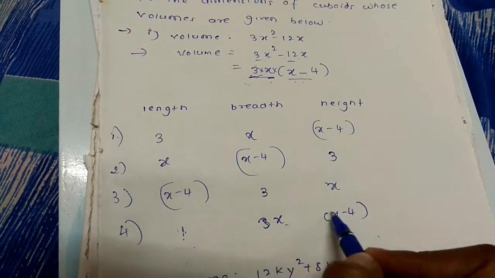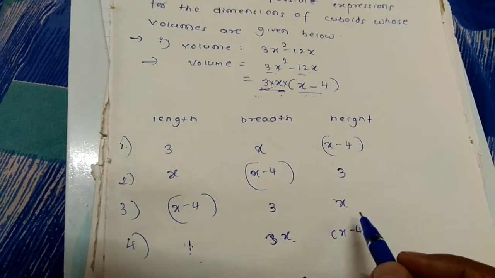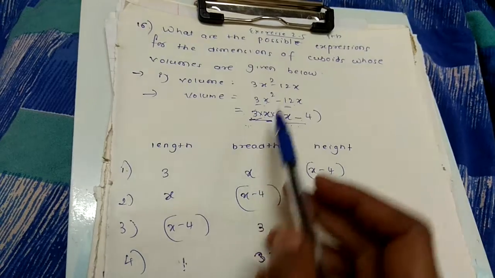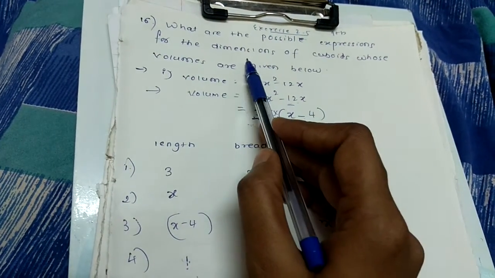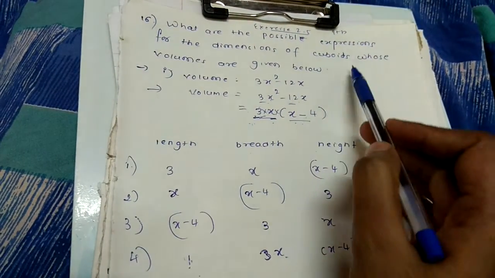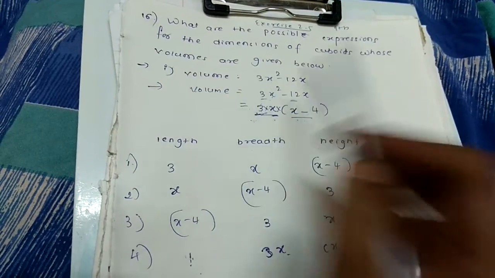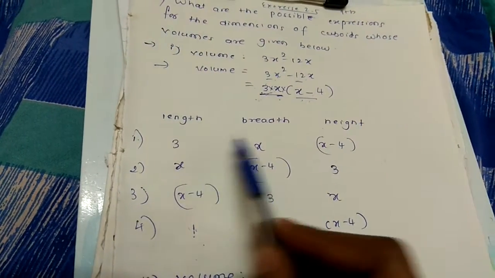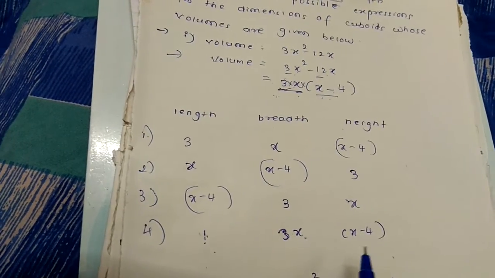You can make 3 more arrangements from this fourth expression. So we expressed the dimensions, meaning the length, breadth and height of a cuboid whose volume is given, and these can be the possibilities.